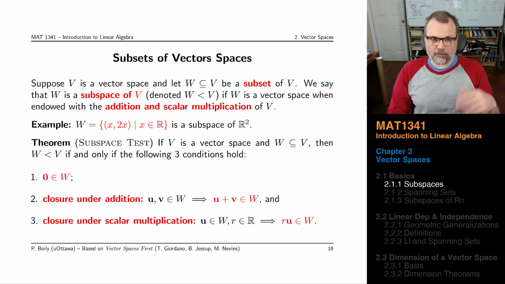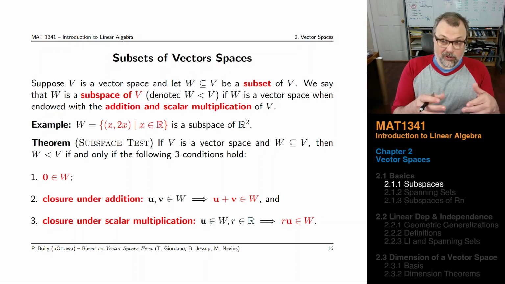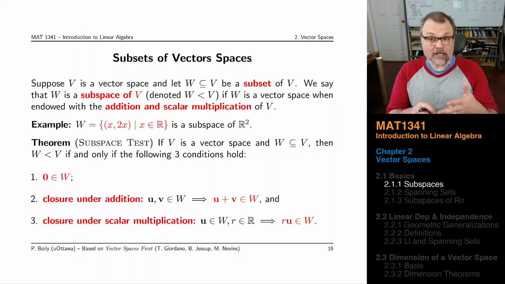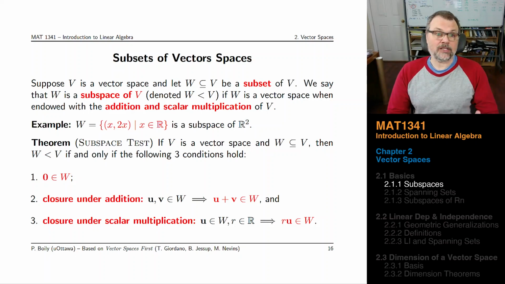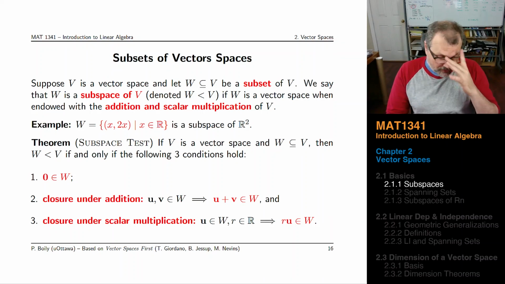So if V is a vector space and W is any subset of that vector space, if it turns out that it is a vector space when you endow it with the same addition and scalar multiplication as the one found in V, in other words, if it's closed under addition, closed under scalar multiplication, and if 0 is part of W, then W is a space in its own right, which we call a subspace.